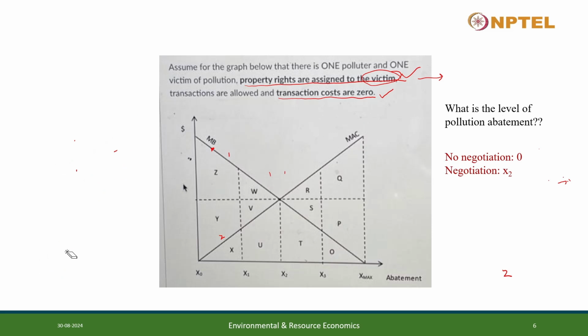the property right is with the victim, right? So what will be the cost saving or the benefit after negotiation? I'm asking, cost saving or it might be benefit, right? Benefit. What will be this value?